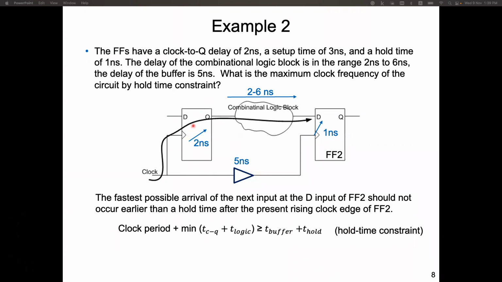The 2 flip-flops have a clock to Q delay of 2 nanoseconds, a setup time of 3 nanoseconds, and a hold time of, say, 1 nanosecond. The data D must be held valid for at least 1 nanosecond after the rising edge of the clock.